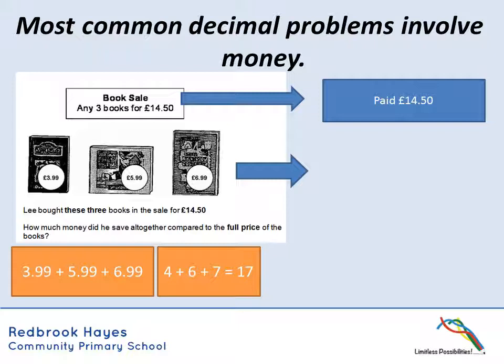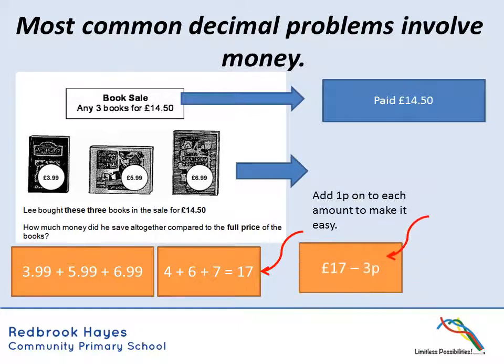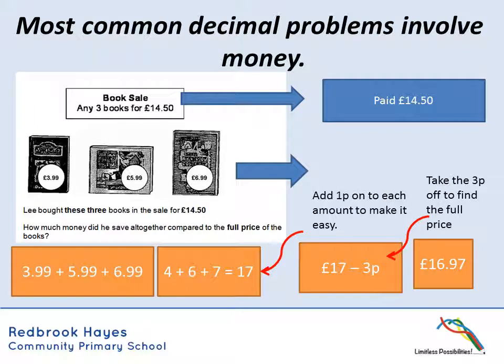Now in my head that's really easy, and the answer is 17. Now what we need to think about is how many pennies I've actually added on. Well, there were three amounts, and 1 penny added on each, so I've added 3 pence on. So just remembering that, I'm going to have to take off the 3 pence from my £17, and I'm going to be left with £16.97. So that would be the cost of my 3 books.